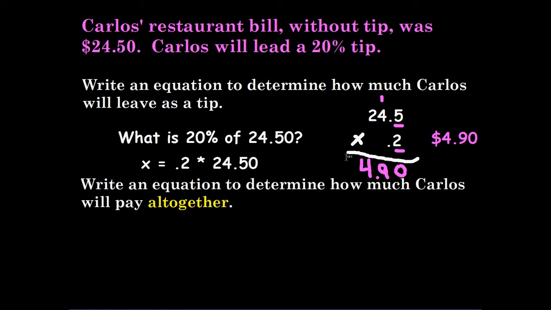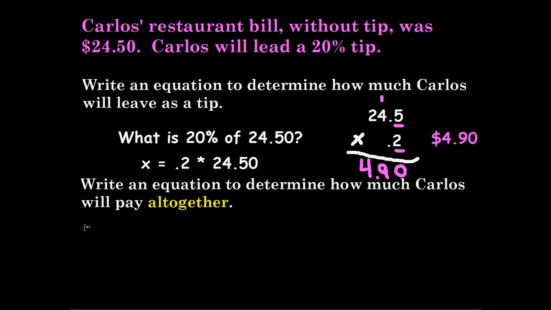I solved it. Now we need to write an equation to determine how much Carlos will pay altogether. So that means the 100%, his original bill, and his 20% tip. Now, the important part here is we want to make sure that we are writing the equation. That is our emphasis right now.